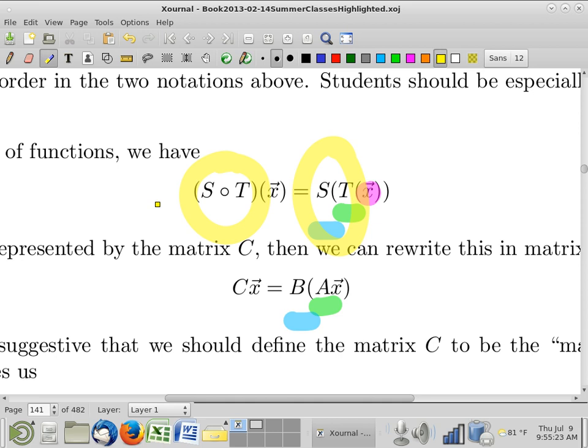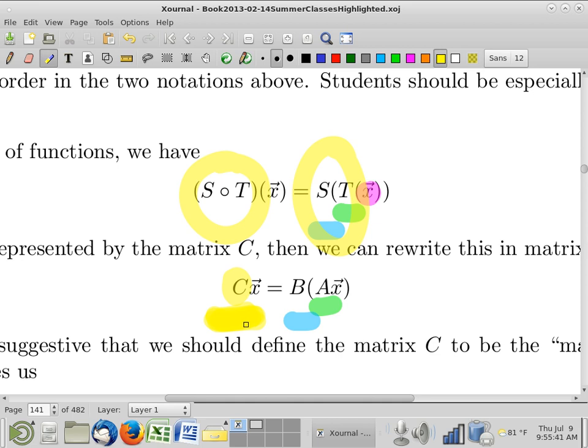That's going to be represented by some matrix, composition of two linear transformations. This is a linear transformation. It's going to be represented by some matrix. And if you think about it, this kind of has to be the product B times A.